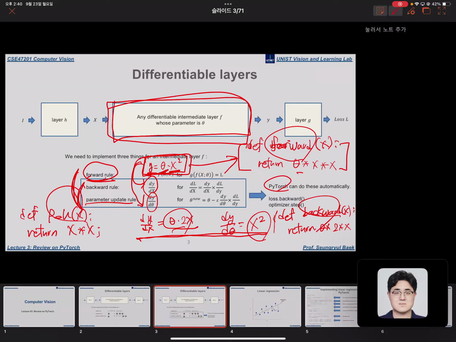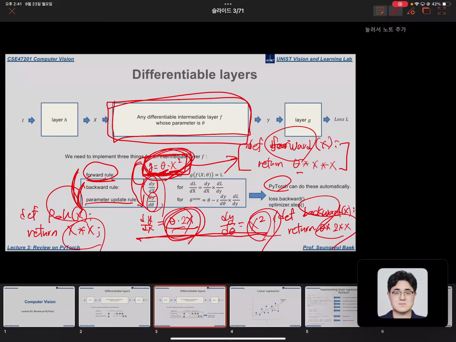But sometimes, I mean, you cannot easily, trivially calculate this gradient. And also the important thing is, if the forward rule changes, you have to recalculate the backward rule and parameter update rule, okay? Is that true? If the forward rule changes, the gradient also changes, okay? And you have to implement this method again by yourself, okay?